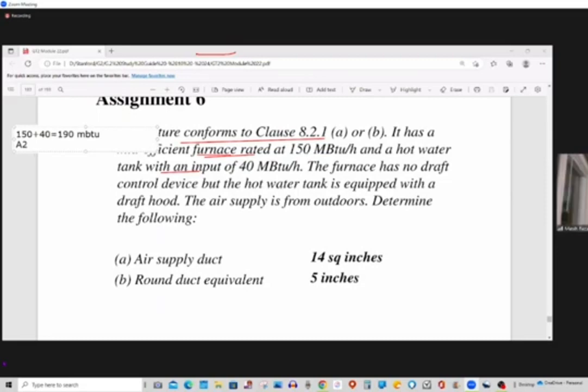On table 8.2, what do you get, sir, for 190? You go to 200, and you got 14 and 5, right? Yes, sir. So you get 14 inches square, 5 inch.